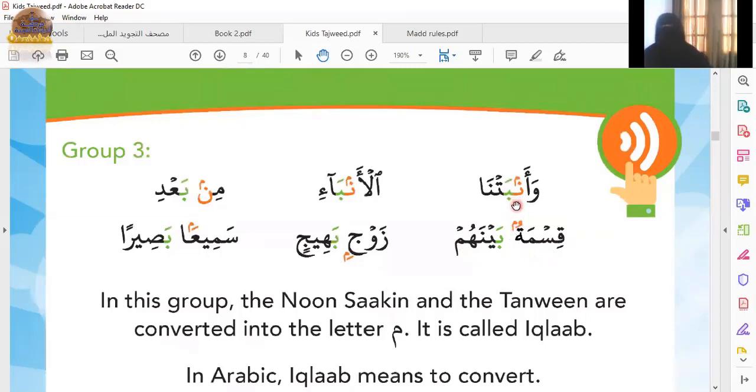For the Noon Saakinah first, we will start reading. For the pronunciation of Iqlab, we will convert this Noon to be Meem with separating the lips.